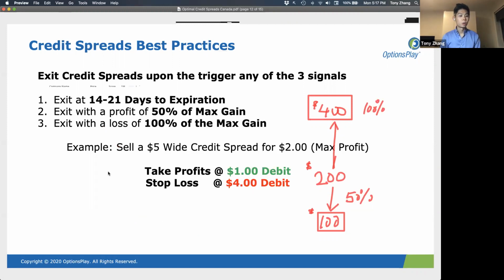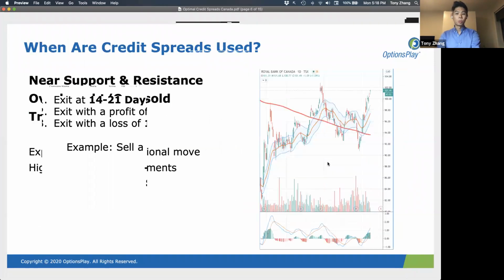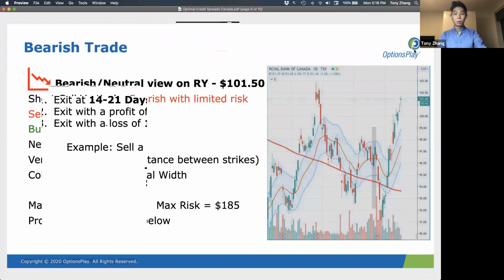Barry is saying, hi, Tony, would it ever make sense to stack vertical credit spreads, i.e., with the second one further out of the money than the first credit spread to protect yourself in case the stock moves against you, or take the loss and move on? Would it make sense to stack a vertical credit spread? So I think what you're saying, and correct me if I'm wrong, is what if you sold this credit spread, you think the stock is going to move a little bit lower, but instead the stock moves higher.